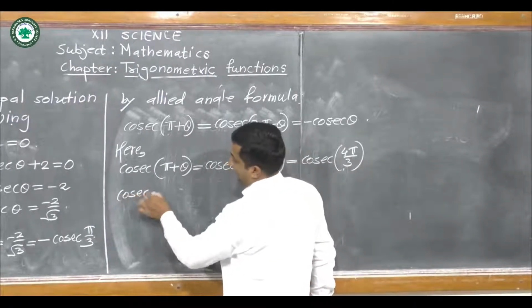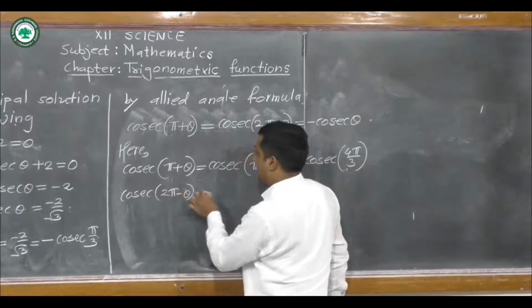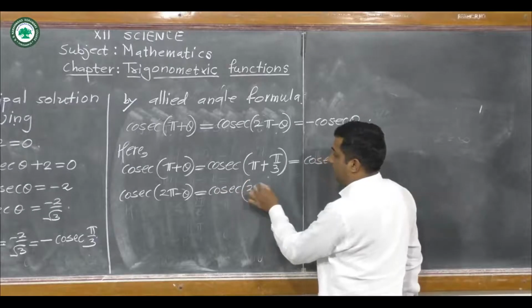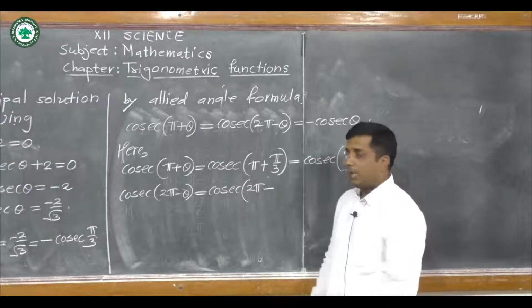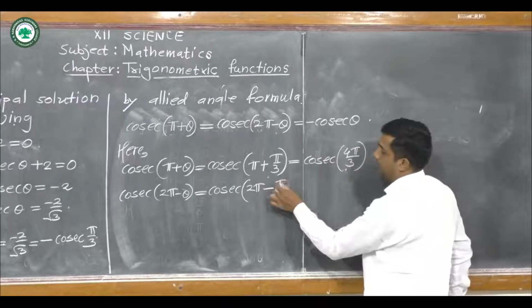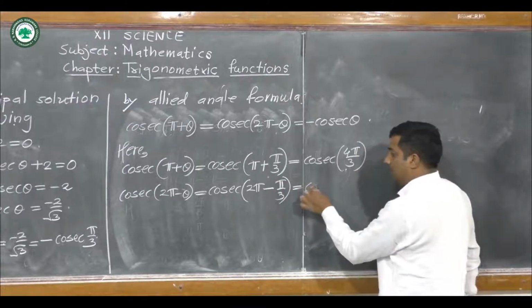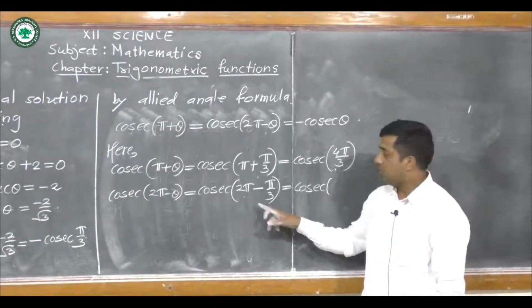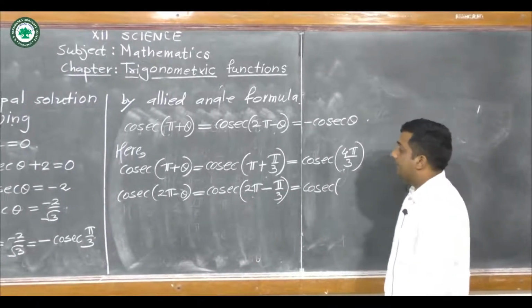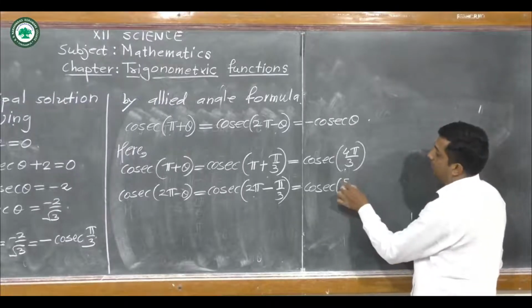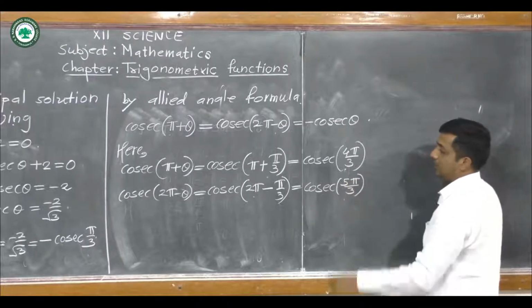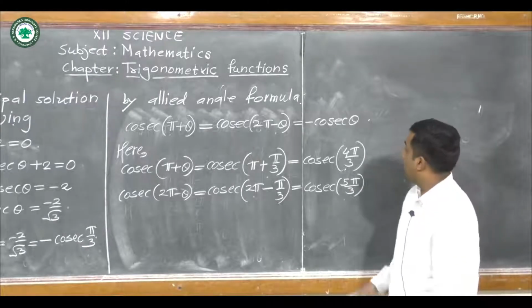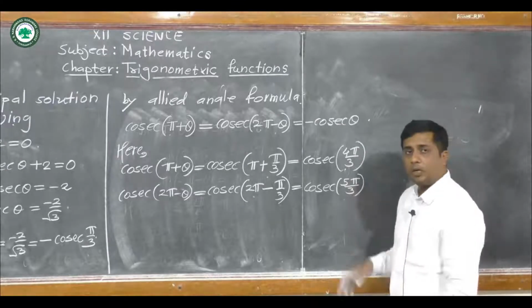Here cosec 2 pi minus theta is equal to, again cosec inside the bracket 2 pi minus, again we replace theta by using pi by 3. Then this is equal to cosec, then we know 2 pi minus pi by 3 is 5 pi by 3. Okay, so we get 4 pi by 3, we get 5 pi by 3.